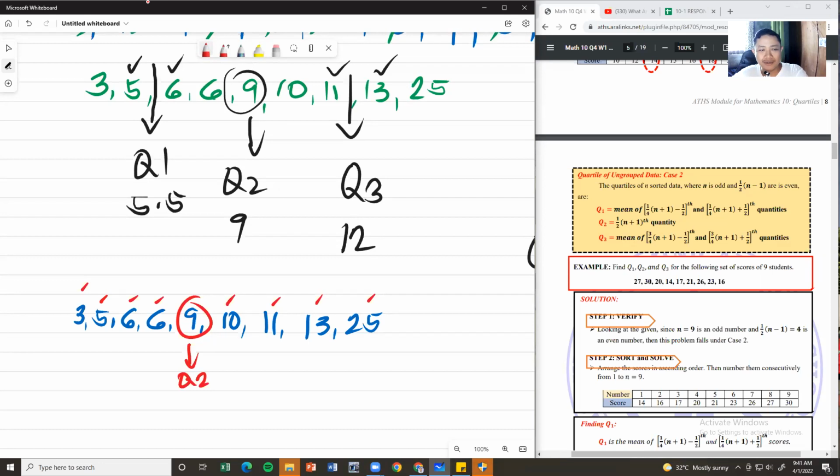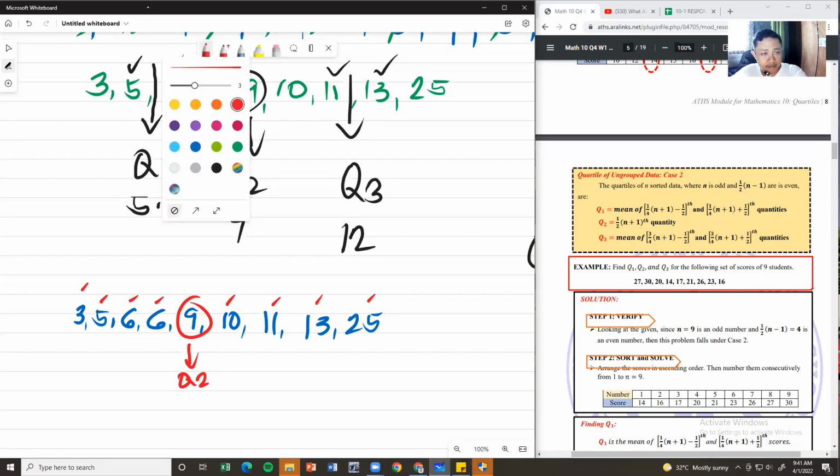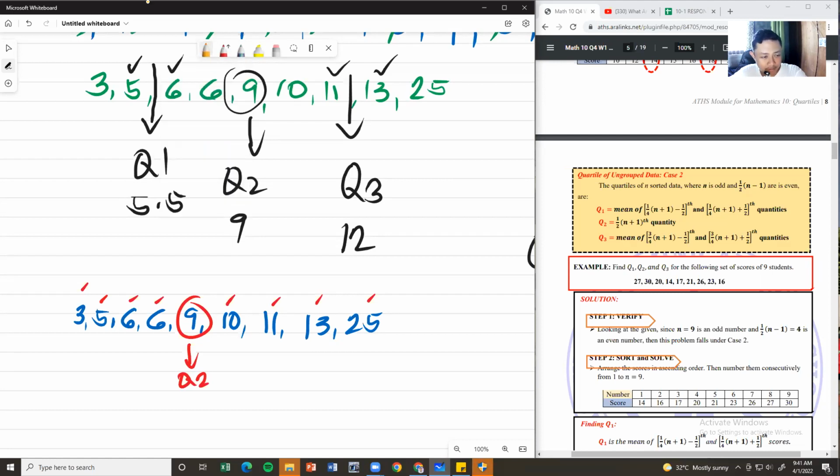Now let's focus on our quartile 1. Since quartile 2 is really a part of the set of data, it will not be part of our counting anymore. Let me put a cross: cross, cross, cross, cross.